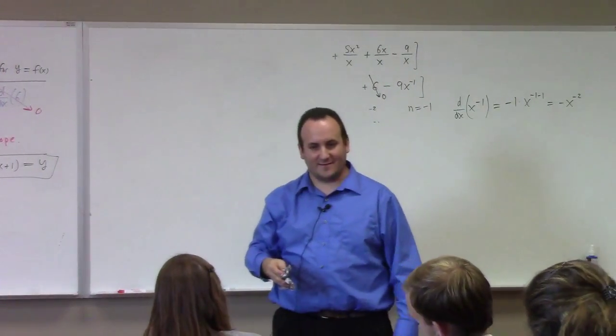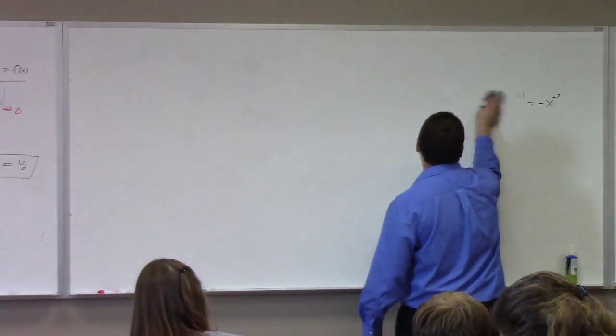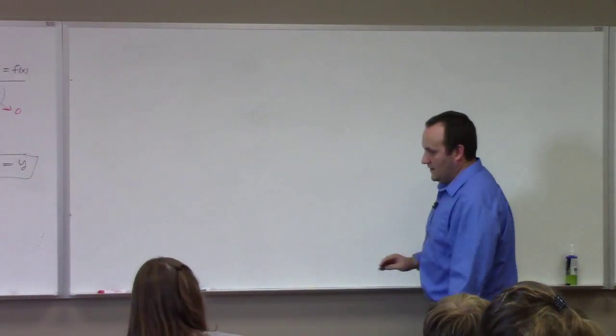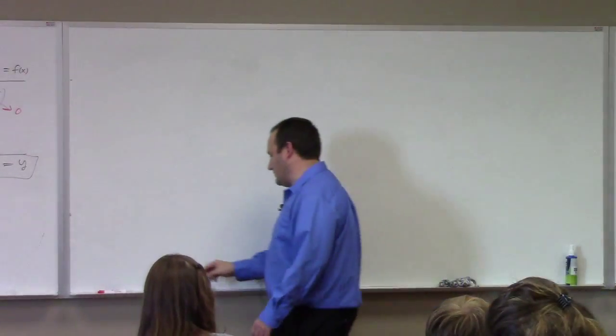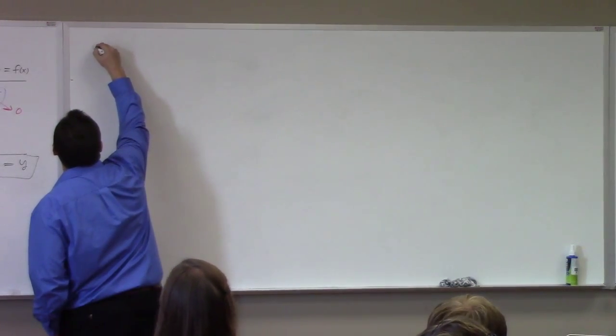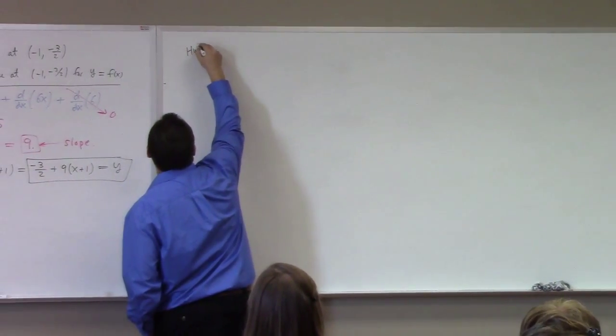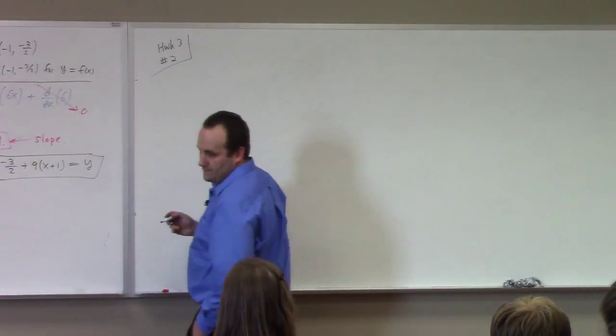I'm having problems with average and instantaneous velocity. I thought I knew that. Averages. All right. I'll let you tell me the problem. Which number is it? It's number 2 of Homework 3.